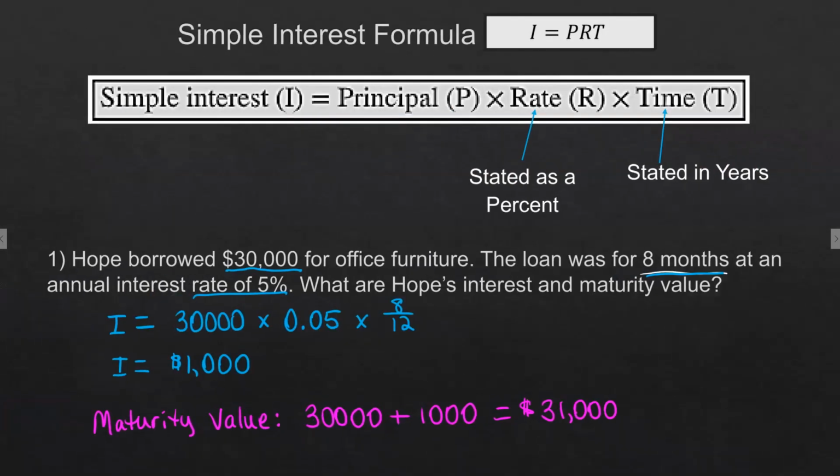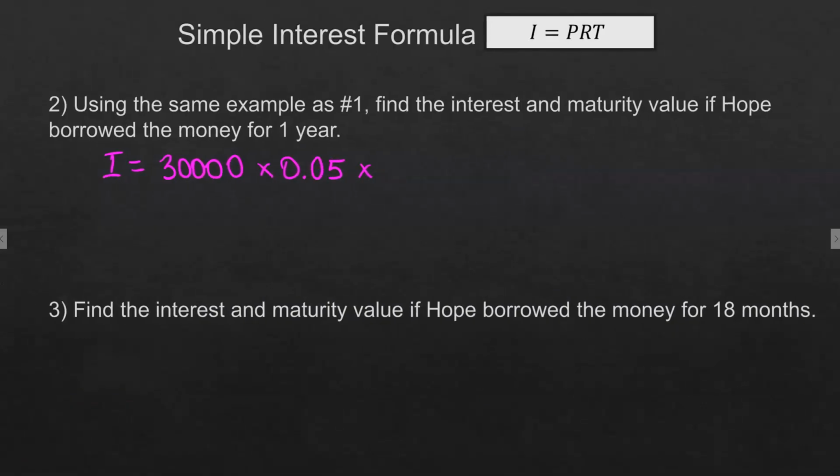Remember on this one, we had 5% for 8 months, and now we have 5%, $30,000 for 1 year. So my interest is $1,500. So those 4 more months made a difference of $500.